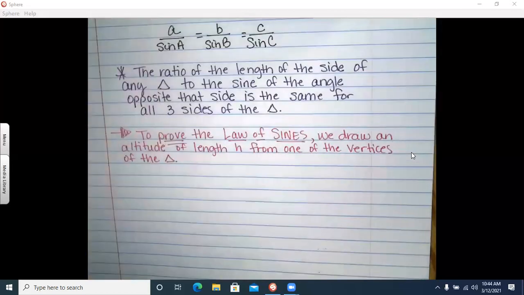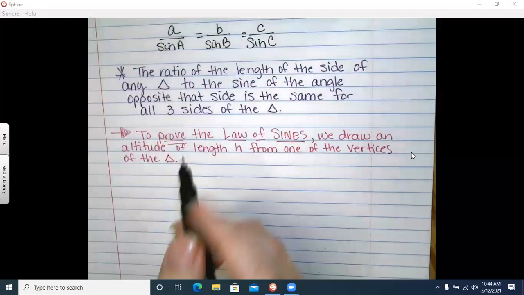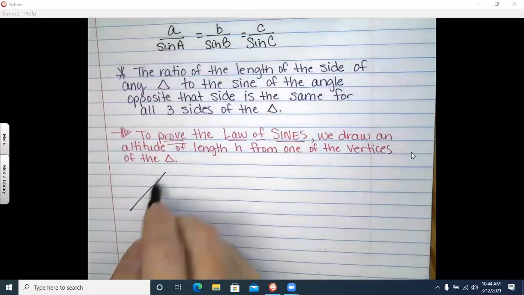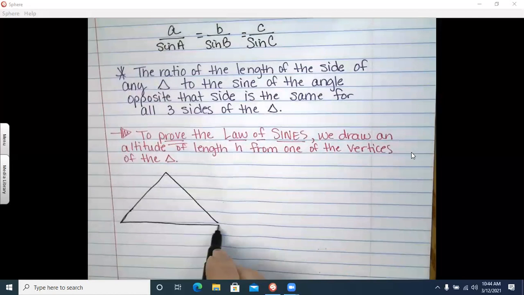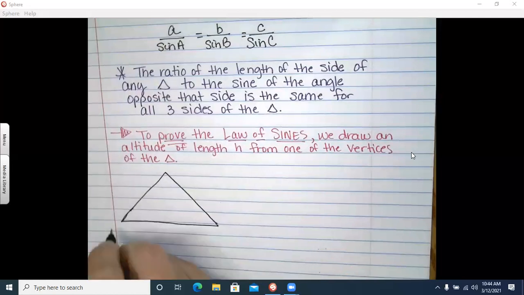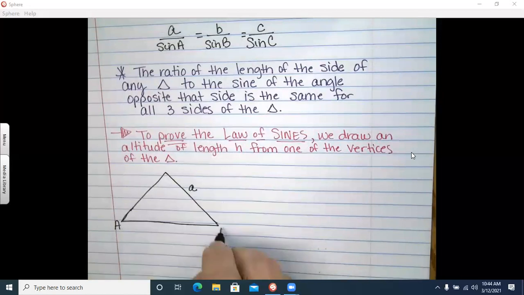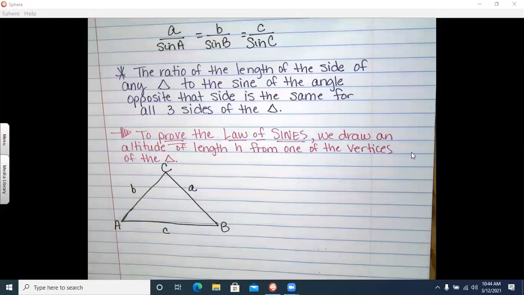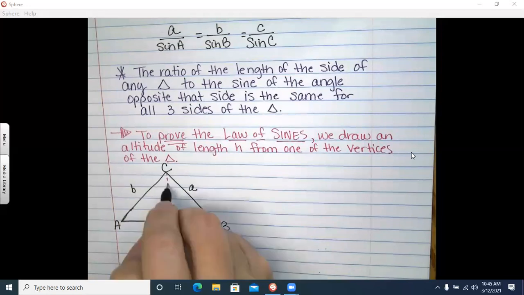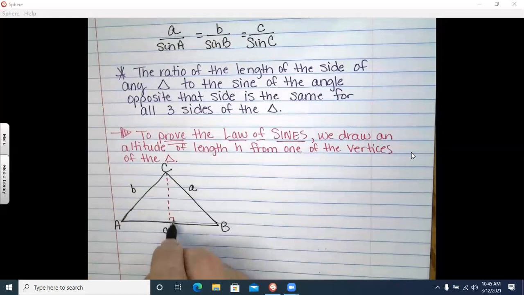So I'm just going to draw an obtuse triangle here. And I'm just going to draw an altitude from angle C down to the side opposite that angle to form a right triangle. And it said we draw an altitude of length h.